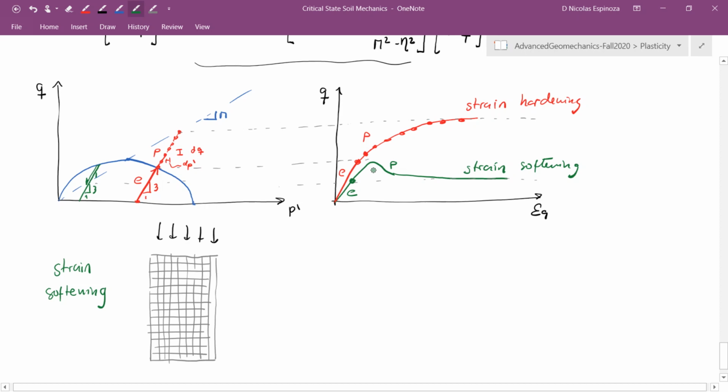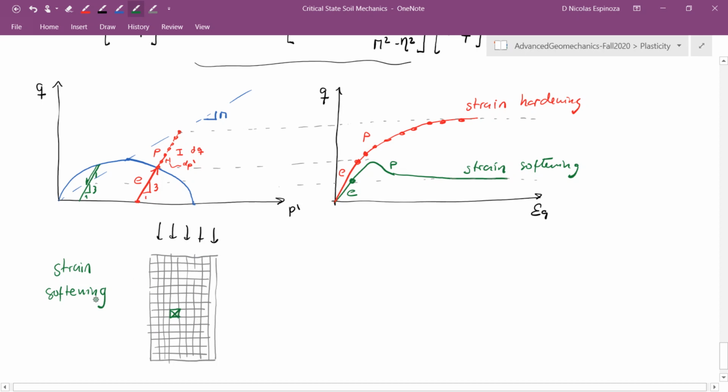All right, so if I load this material to failure, at some point, some of these blocks is going to fail. And let's say this is the weakest grid block within that material.